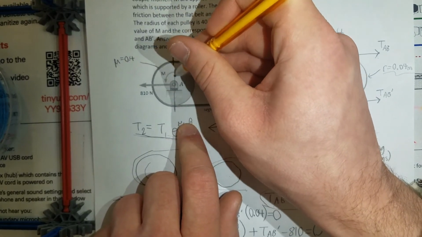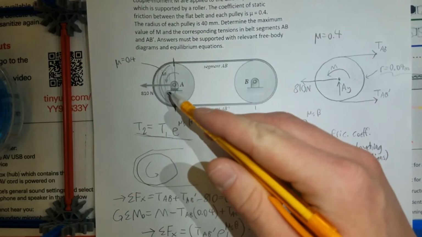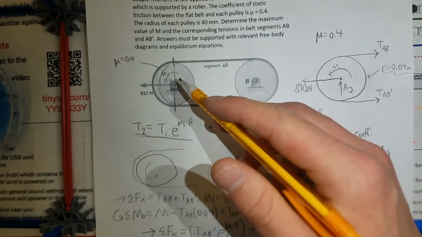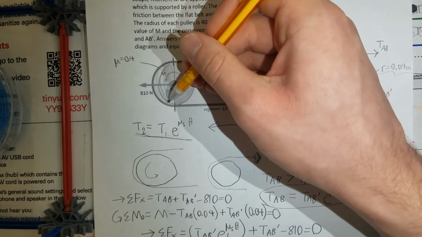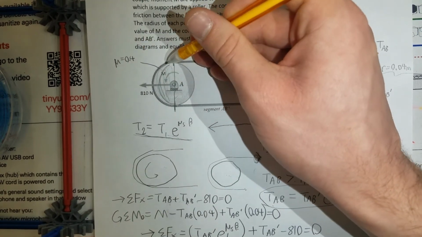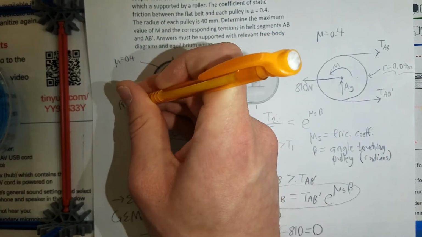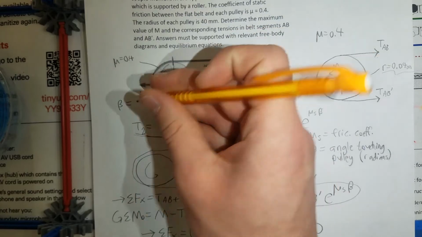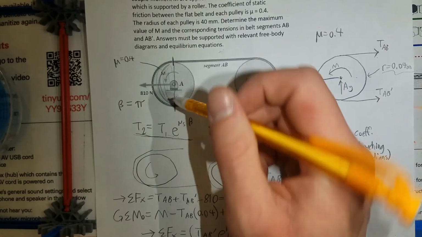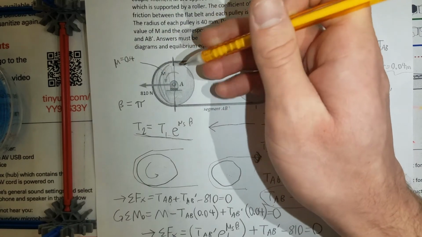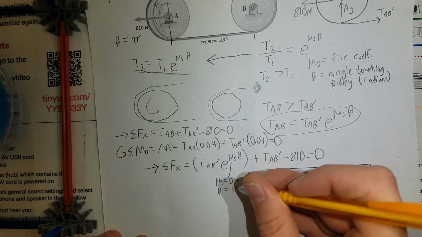So we essentially have this whole angle here that we want to take into account as beta. Well, looking at that, we can see that beta ends up being half the entire angle of the circle. And so we can see that beta, knowing that, would just be pi, because 2 pi is the entire angle, and so half of it is just pi right there. So we can go ahead and write down below beta is equal to pi.